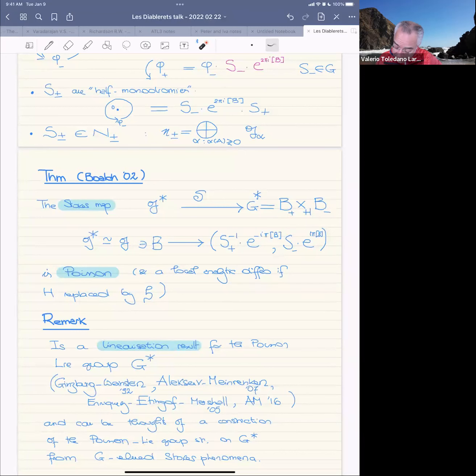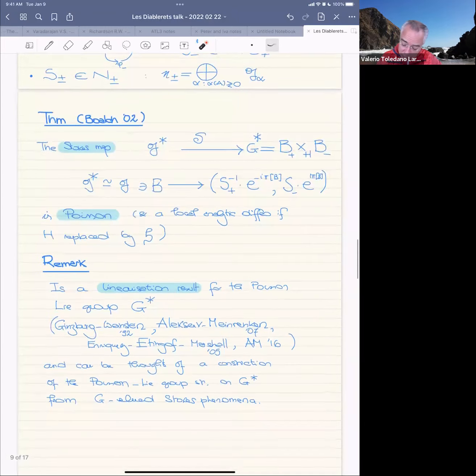And at this point, this is an element in the fiber product of the positive Borel times the negative Borel over H. And this, as is probably known to all of you, is the Poisson Lie group that's dual to G. And so what Phil proves is this remarkable result that this map, once we identify G and G star, is a Poisson map, and he also proves that it's actually a local analytic diffeomorphism.